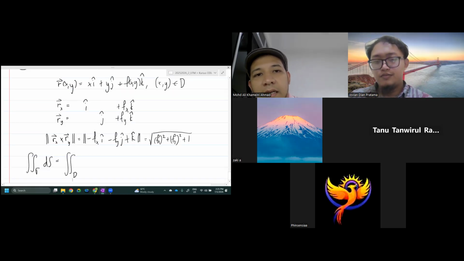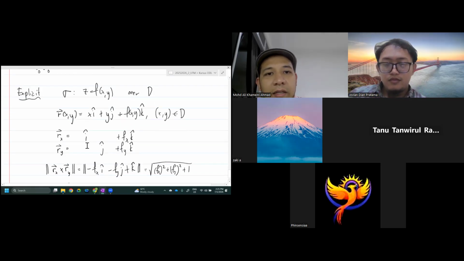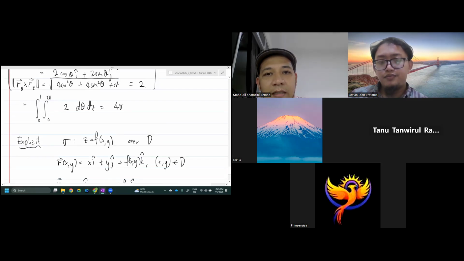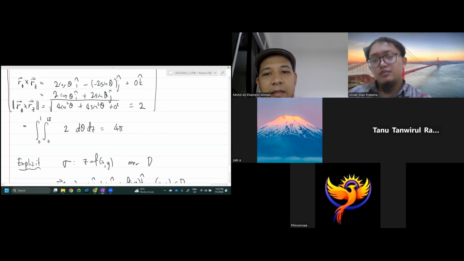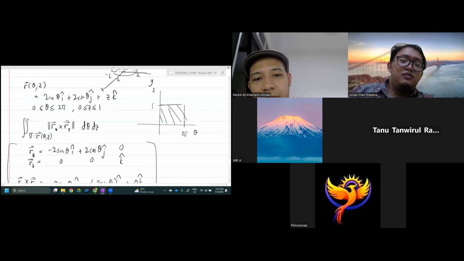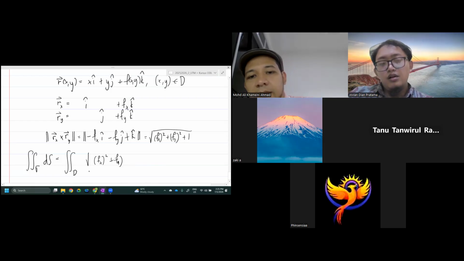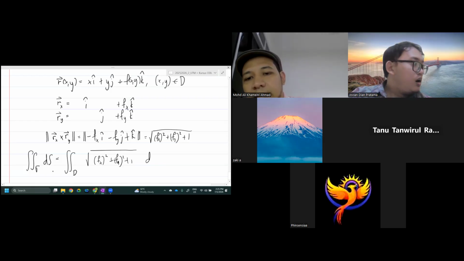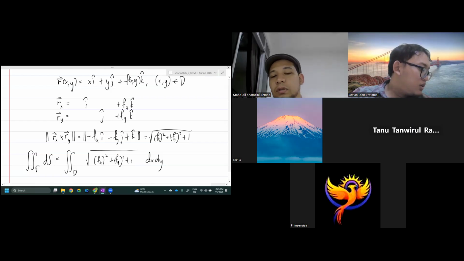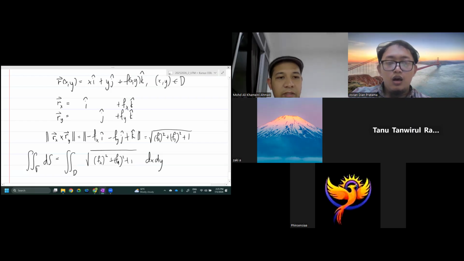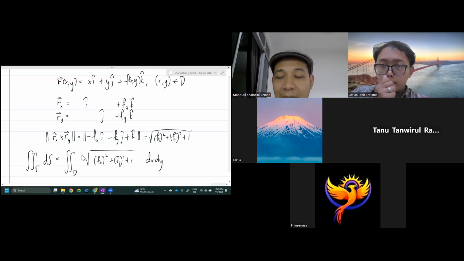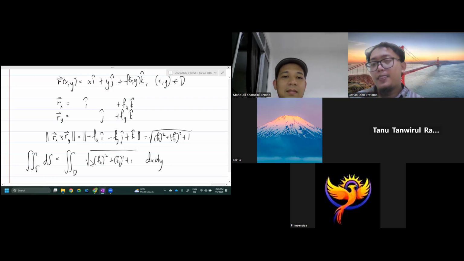And then, let me recall above. Yeah, this thing should be the square root of f sub x squared plus f sub y squared plus 1, dx dy. So you reduce to the usual double integral. From the surface integral, you get the usual double integral. Okay.